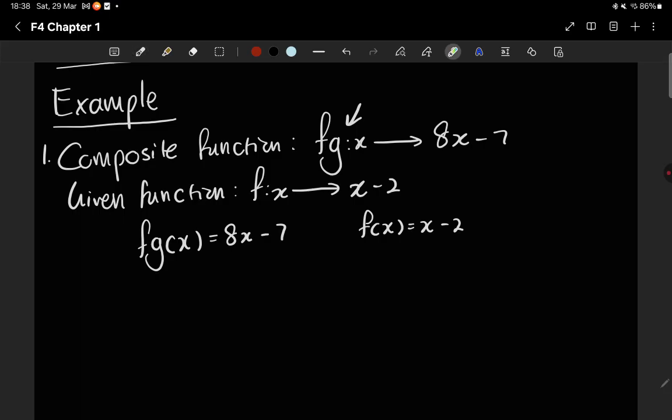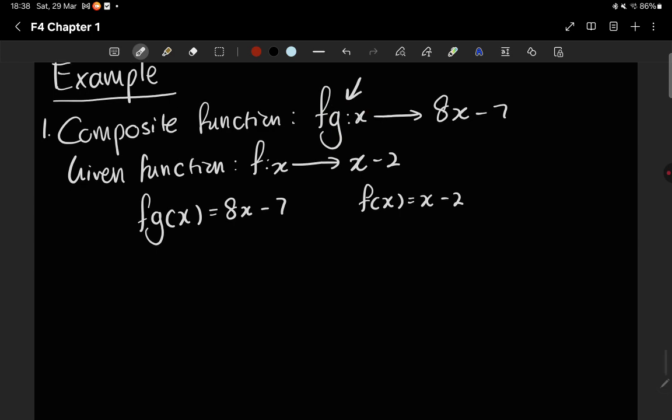So we can just use the similar concept earlier, where the g of x is technically the object for the second function f of x. So understanding that, we can assume that this g of x over here is the x value for f of x.